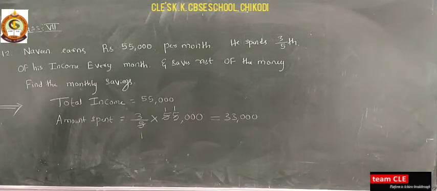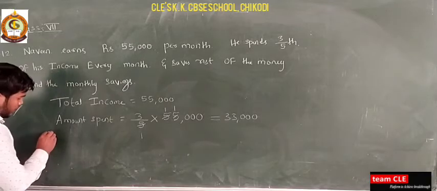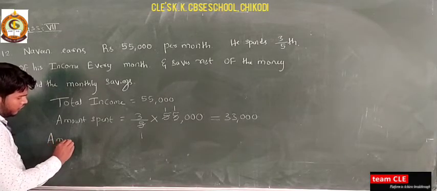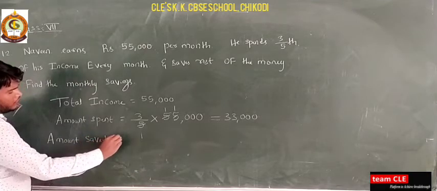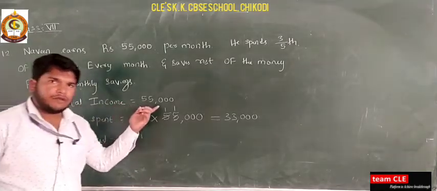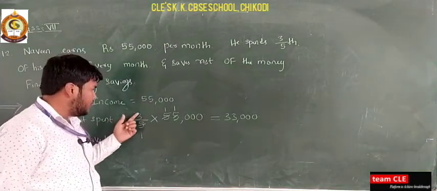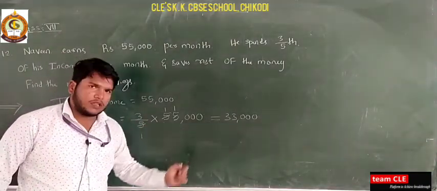Now we want the amount saved. Total income is 55,000, and total spent is 3/5 into 55,000, which is 33,000.